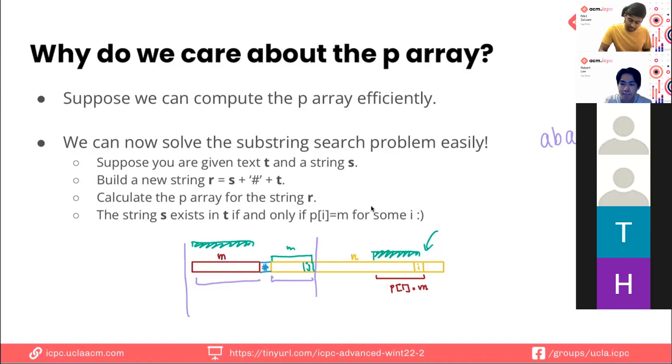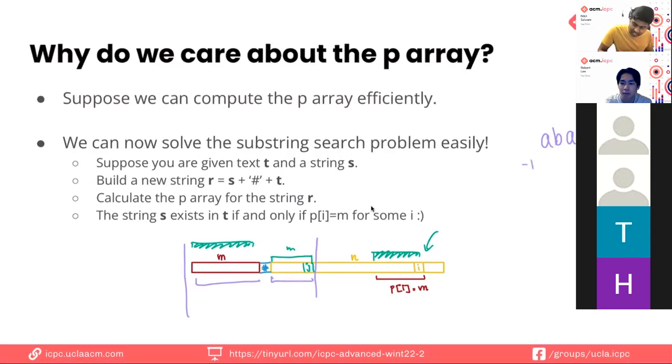If you don't add the pound sign after the first AB, would the prefix value at index 3 be 0? By index 3, do you mean this one? I don't think so. In fact, we can go ahead and compute the prefix array for this one again. Do you see it?